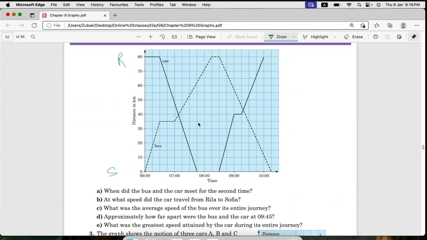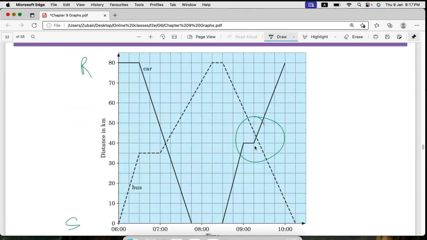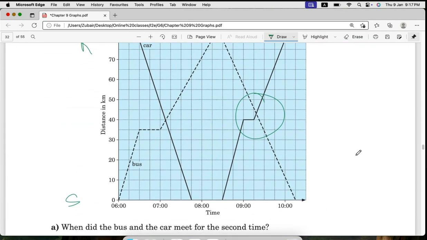Is the graph readable? Yes, sir. They meet the first time and then the second time. Just make a guess. At 9, around 9:20 or something.